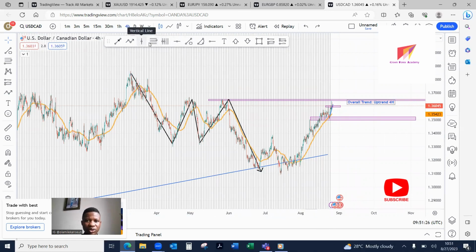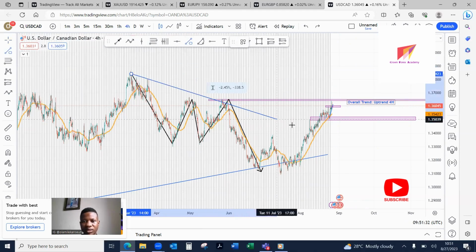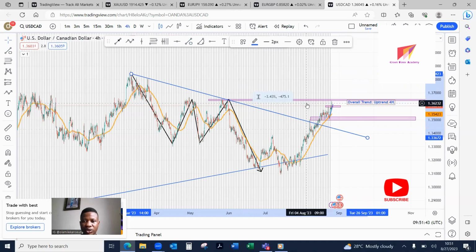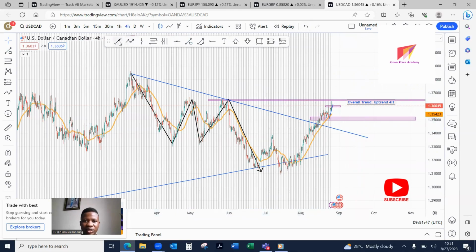Although let me share something with you. If you plot your trend line, just make sure that the trend line touches two or more swing points, right? So if you plot your trend line, you can see that the market has already broken this trend line, right?